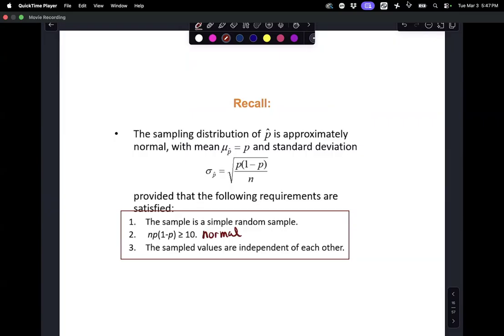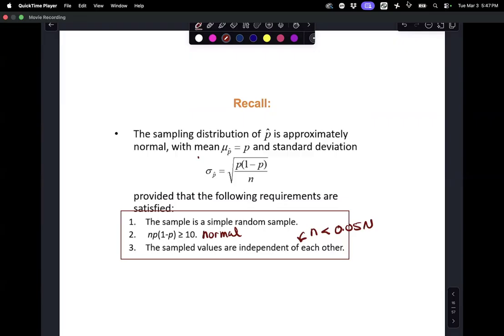Then independent of each other, meaning my sample size is less than 5% of the population. These are the three things you will test on a proportion before you start doing your math. When you are taking your test next week, test these three things first. Show me you've tested these three things.